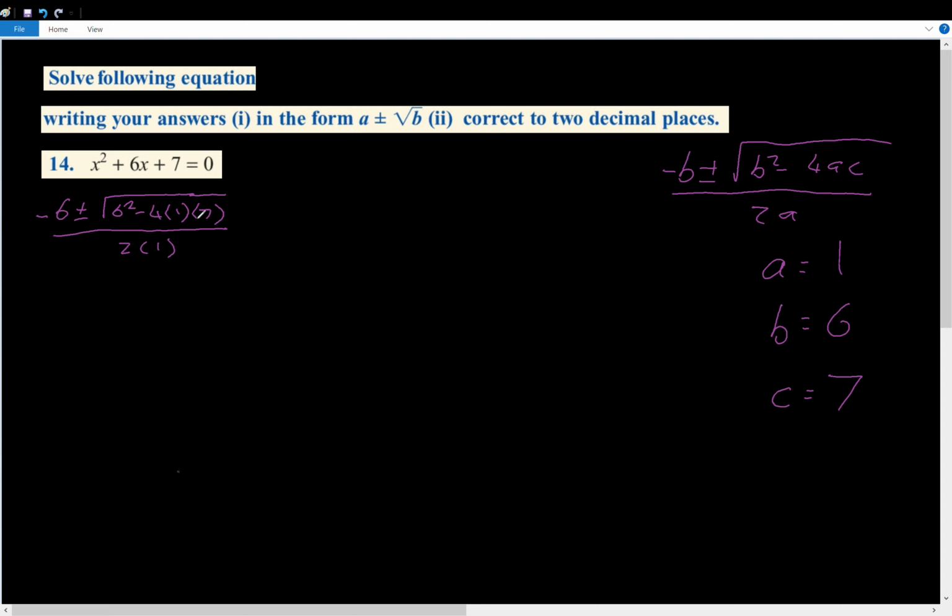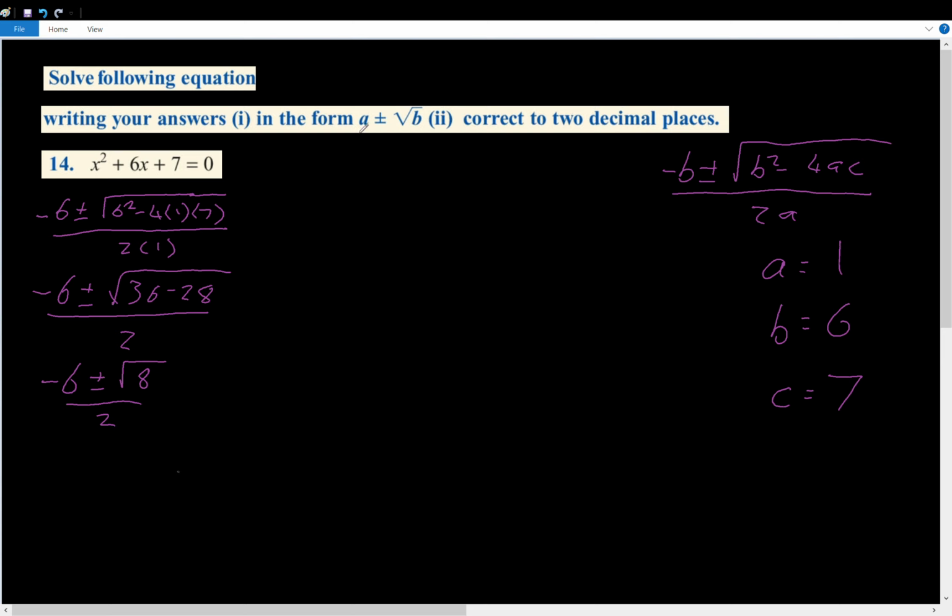Now we're going to tidy up what is under our square root. So we're going to go minus 6 plus or minus, and under here it's going to be 36 minus 28, and that's all going to be over 2, which means we get down to minus 6 plus or minus the square root of 8 over 2.